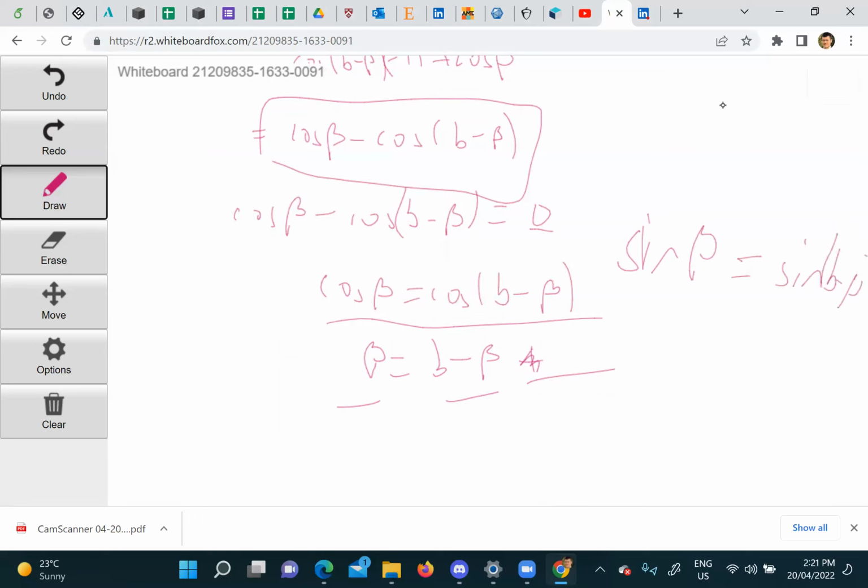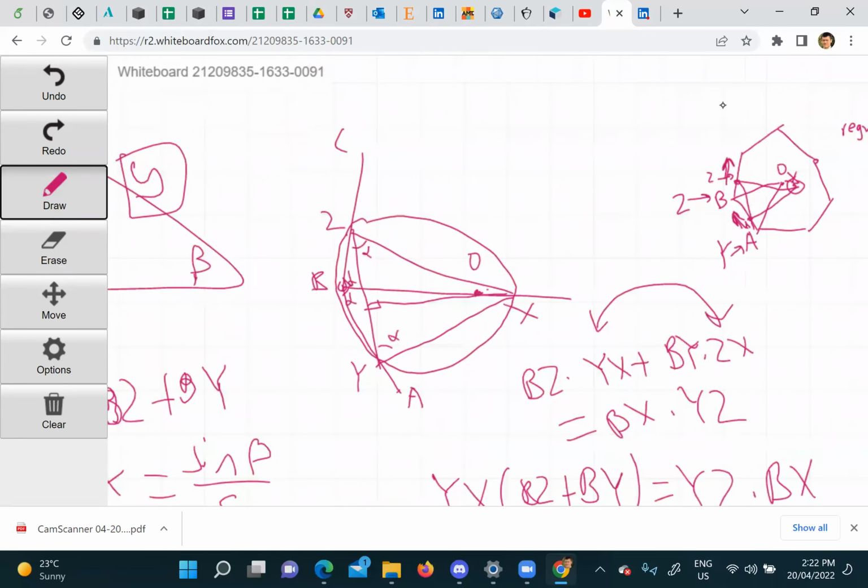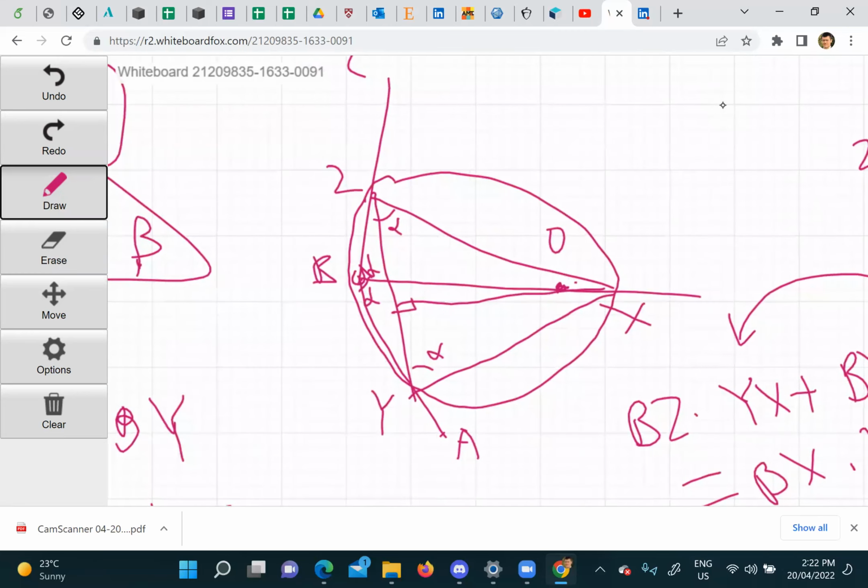Does that also say plus 360 or something, or 2 pi? No, I think for angles in a triangle, they can't be that big. They should just be equal. So 2B equals 2 beta. Oh yeah, so gamma equals beta. That's all we wanted.